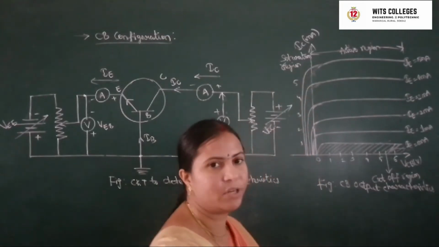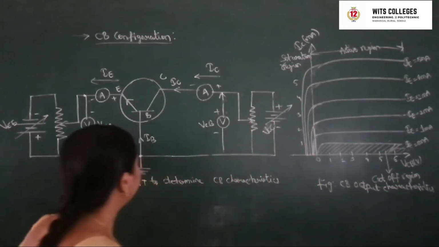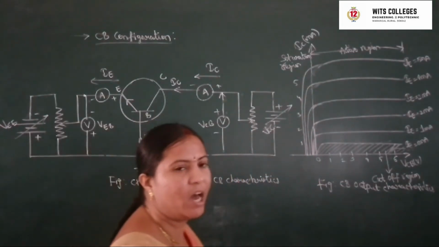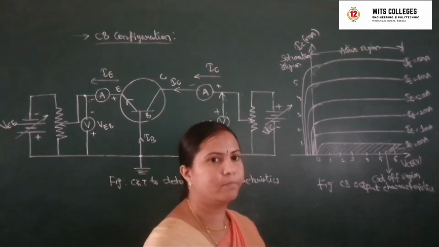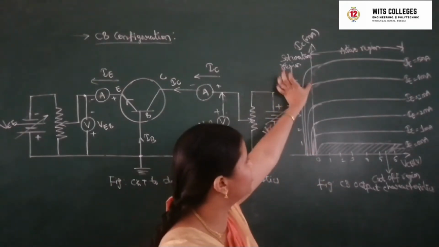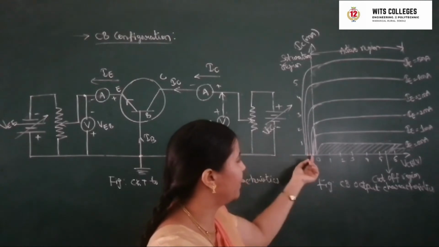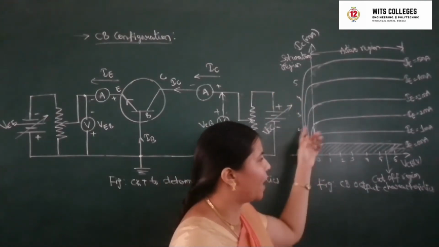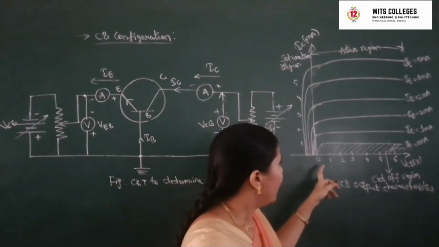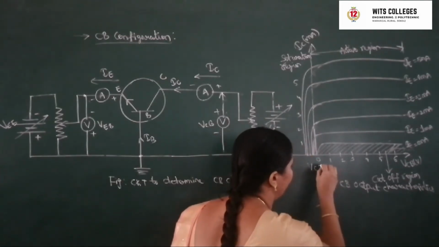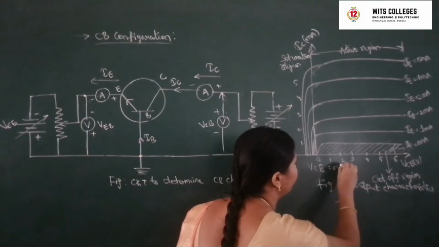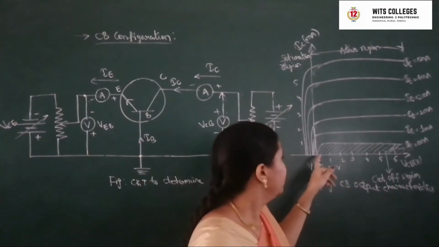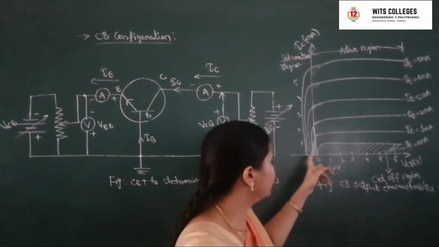Coming to the saturation region, both the emitter base junction and collector base junction are forward biased. So this is the saturation region, on the left side. If you observe these curves, even at VCB equal to 0 volts there is a flow of current to the left side.